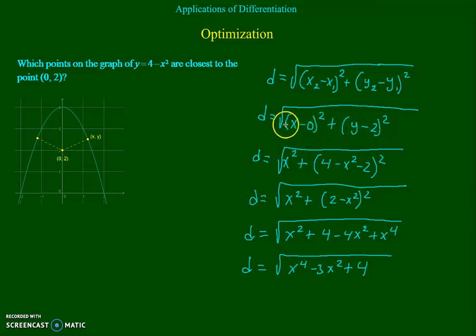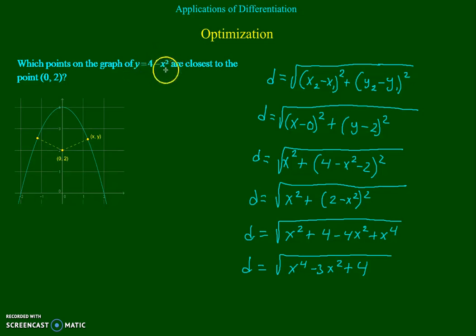The next step, x minus 0 is just x squared plus, well, this y brings up an issue because we don't want to have an equation in two variables to differentiate. So I want to replace this variable with something in terms of x. Well, it just so happens that our function itself, y equals 4 minus x squared, gives us an expression for y.